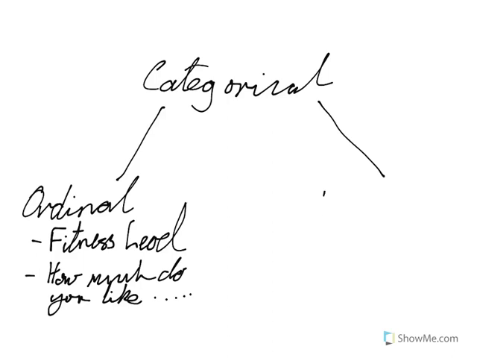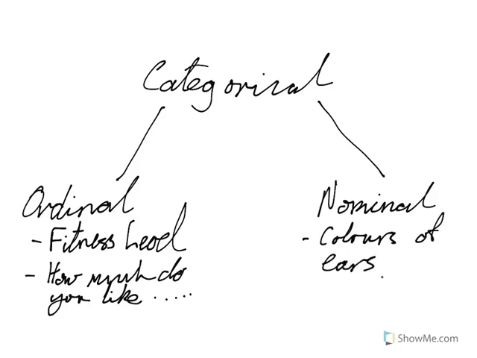And the other one is what we would call nominal. So nominal would be things like colours of cars, because there's no order: red, blue, green, yellow, white, there's no order in there necessarily.